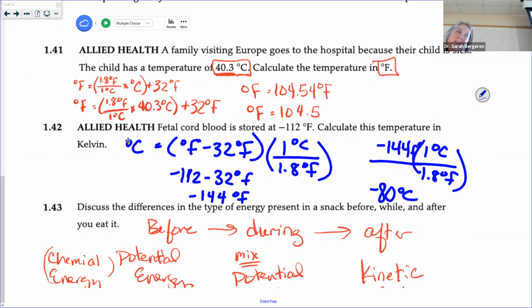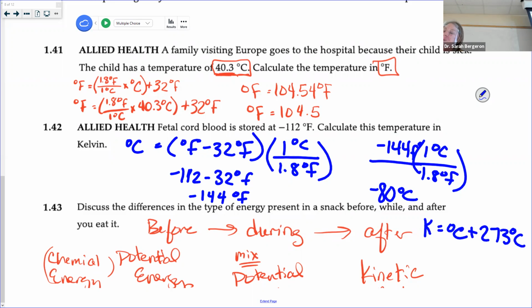No, I think somebody multiplied it instead of divided it. Because I was looking at it and I was like, that's not right. Okay, so now that we have minus 80, now we have to convert from Celsius to Kelvin. And to do that, Kelvin is equal to our degrees Celsius plus what?